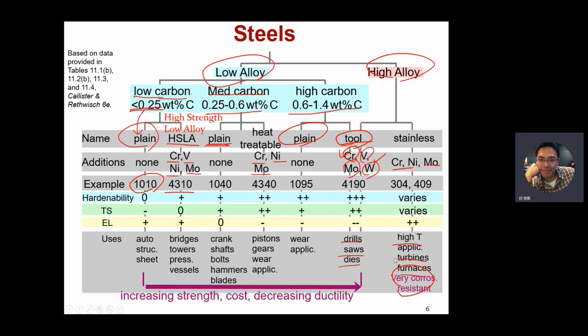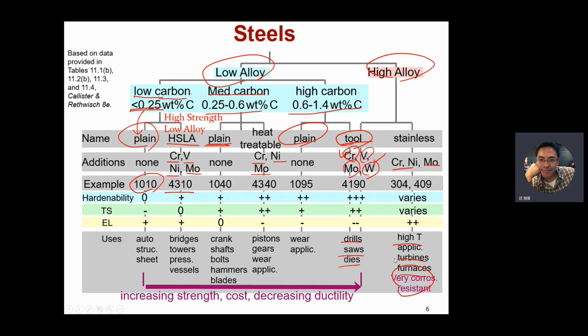So it totally depends on your application. For example, if I work on pistons, gears, and some other applications, maybe heat-treatable low alloy is suitable for you, but not stainless steel.